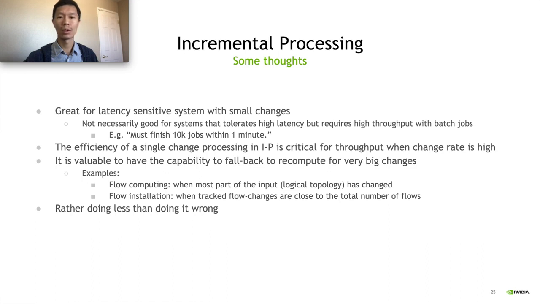So the efficiency of incremental processing for a single change is critical for throughput when the change rate is high. And it's valuable to have the capability to fall back to recompute when the change size is big. So when a big portion of the data has changed, maybe just recompute is better than incremental processing.